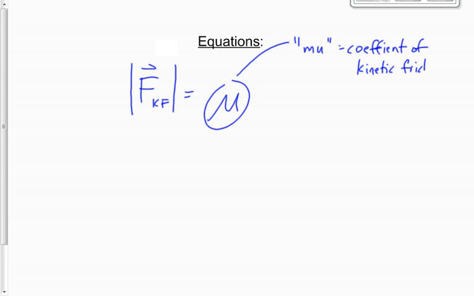And the coefficient of kinetic friction is essentially a number that tells us how much two materials stick together. The coefficient of kinetic friction between, say, rubber and pavement is somewhere in the range of 0.8. The coefficient of kinetic friction between rubber and ice is somewhere in the range of 0.1. Which two objects stick together better, rubber and pavement or rubber and ice?